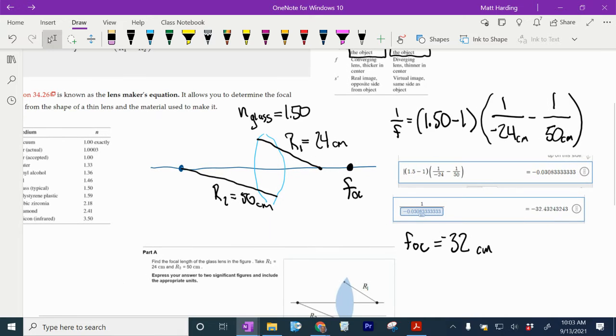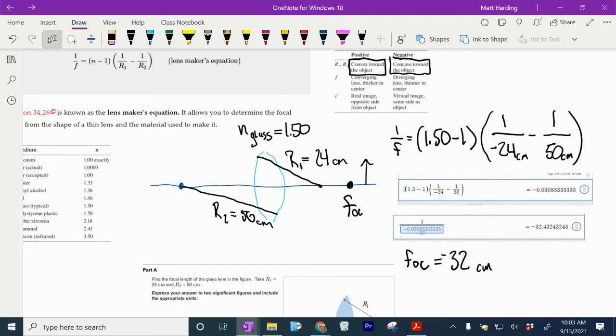So when I run it like this, if I'm treating it like my object is on the right side, then I would say R1 is concave towards the object and R2 is convex towards the object. So that's why I have the signs as I do in here. I have the 24 as negative and the 50 as positive.